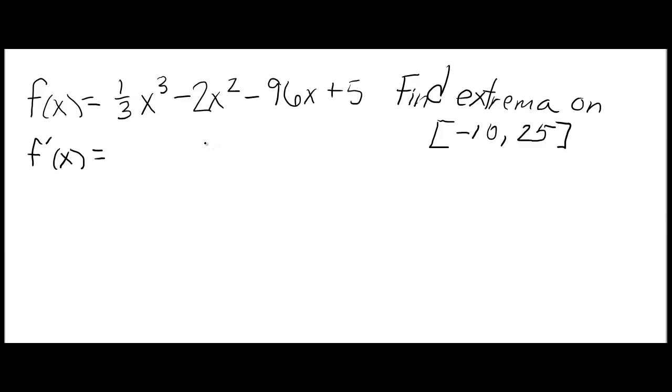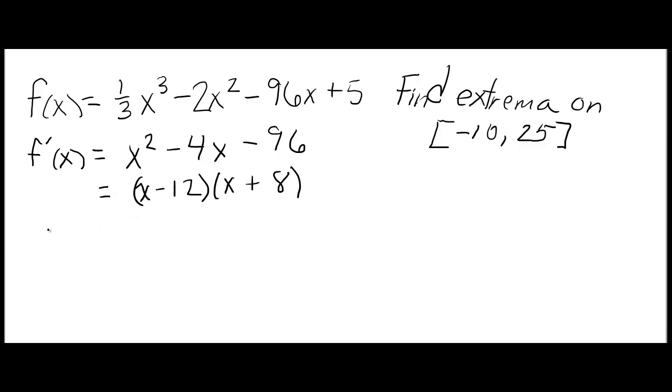So to find that, we'll look at the derivative. The derivative is x squared minus 4x minus 96, which you might not recognize right away, but I've done this problem. I created this, so I know that this factors into (x minus 12) and (x plus 8).